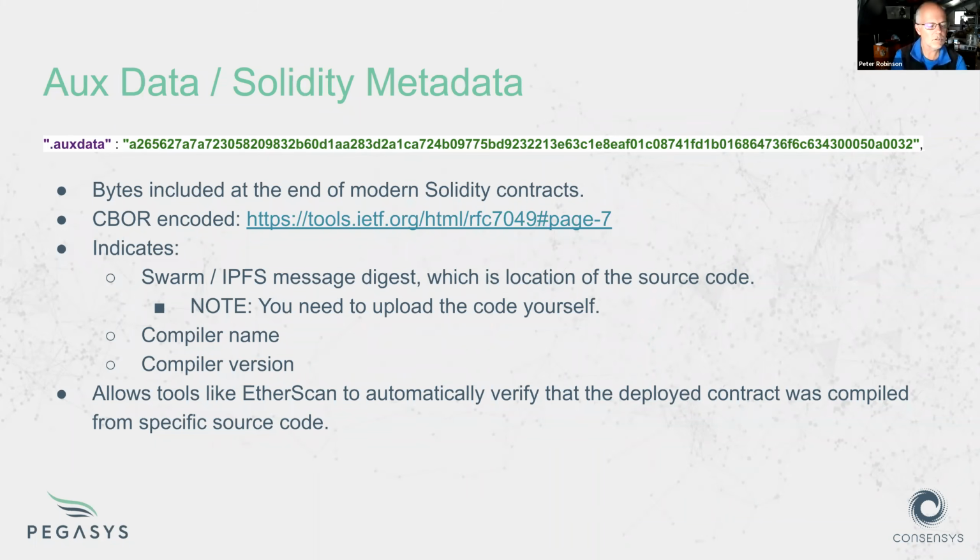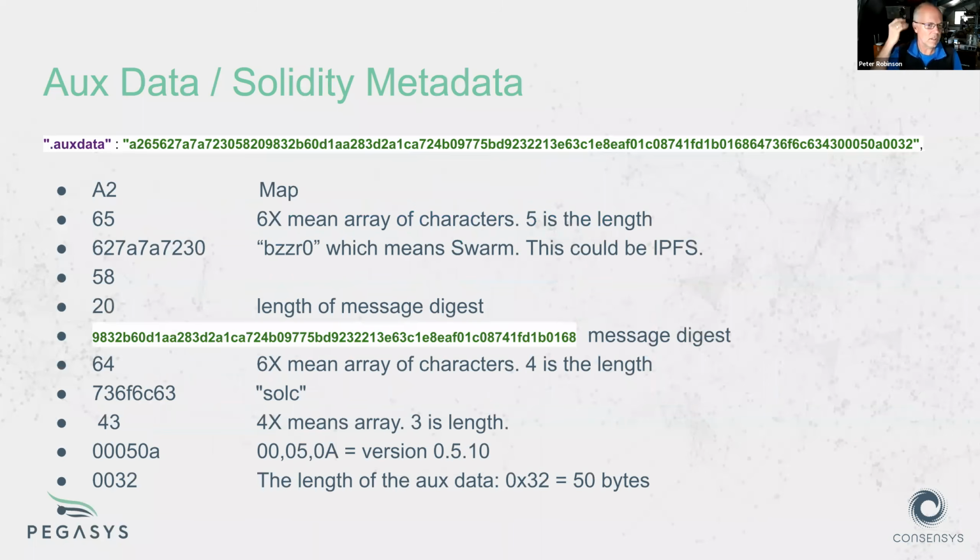And so you can use it to automatically verify that the deployed contract matches the source code, because you can have these tools automatically scan. So if you have a look at the aux data, you've got something like this, where you've got a map and then you've got a length. And so BZZR0 is swarm, but you could also have BZZR1 or IPFS.